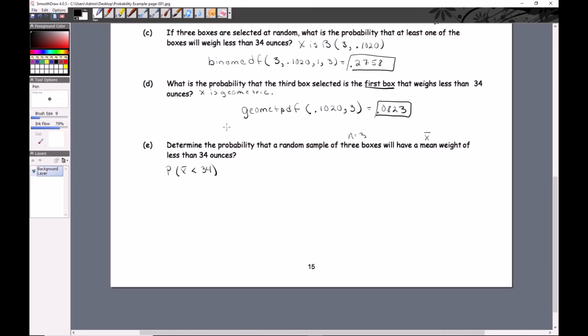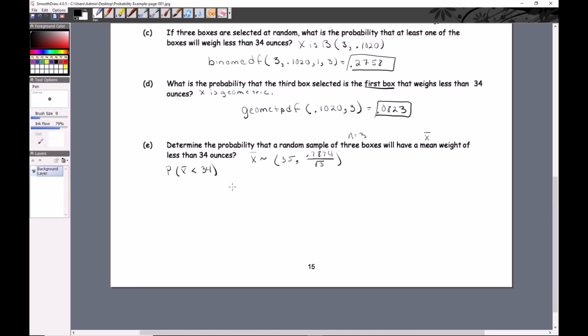Well, if the population was normal back here in part B, then we can say that this sampling distribution is normal too, right? So x bar is approximately normal. We use the same mean, which is 35. And now the standard deviation is just our old standard deviation, 0.7874, adjusted by the square root of the sample size.